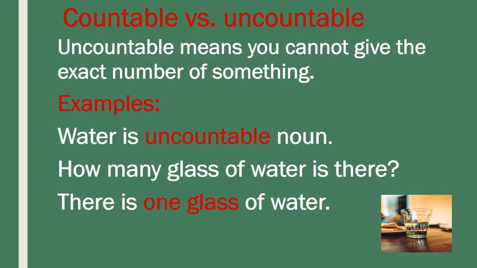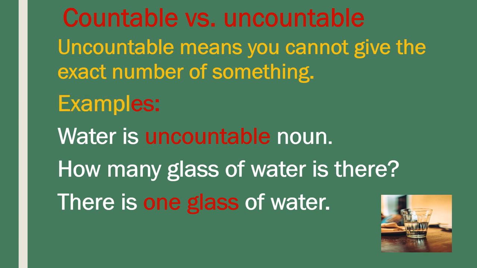So now let's talk about uncountable nouns. So what are they? Let's read together. Uncountable means you cannot give the exact number of something. So it means that you cannot say 1, 2, 3 of something, okay? For example, what is in the picture?